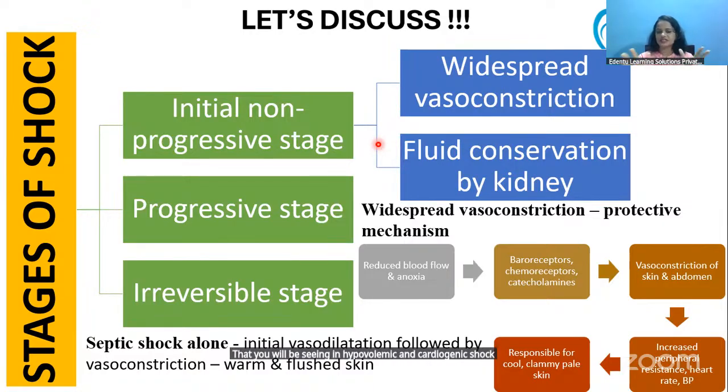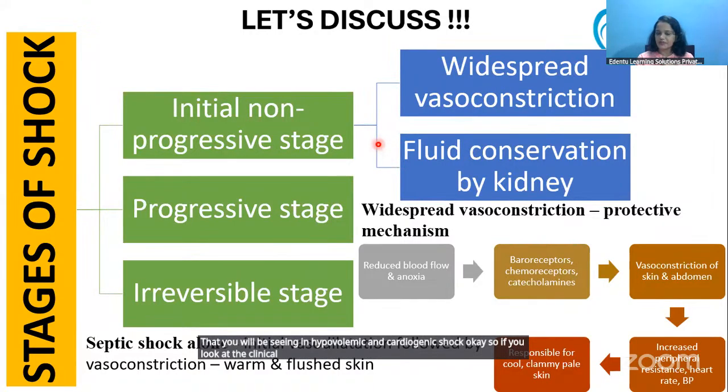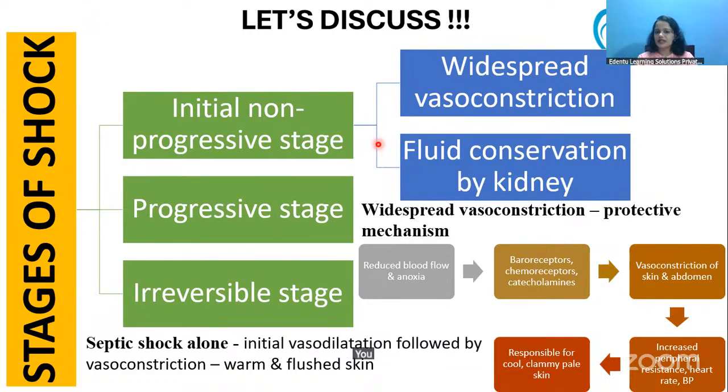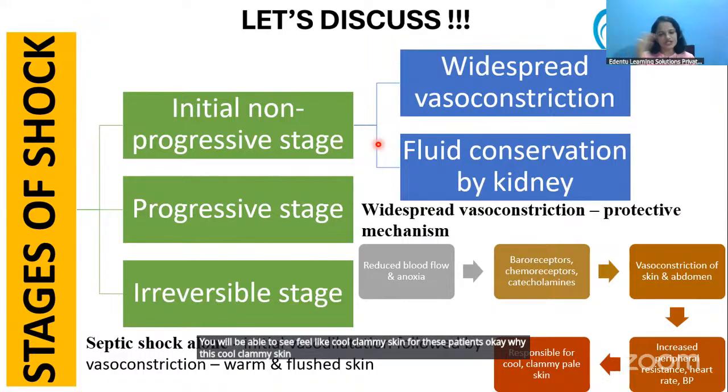If you look at the clinical features of these patients, you will be able to feel cool, clammy skin. Why this cool, clammy skin? Because at the initial stage there is widespread vasoconstriction, so there will be increased peripheral resistance, increased heart rate and BP. That is responsible for the cool, clammy skin.